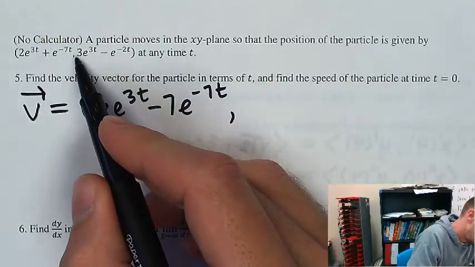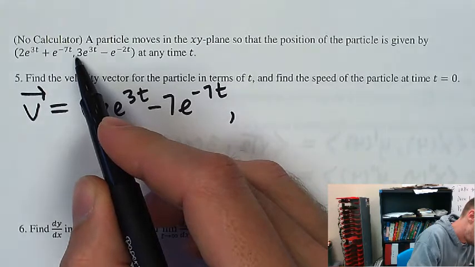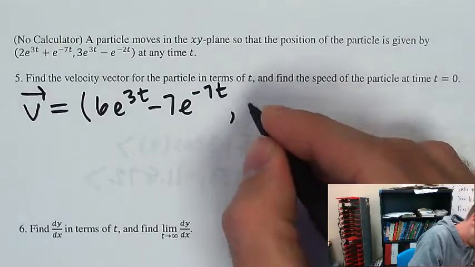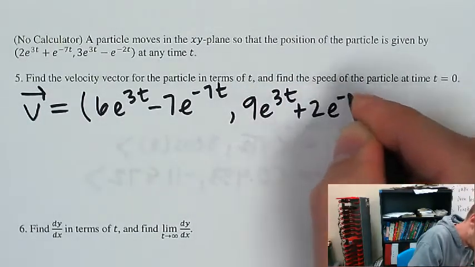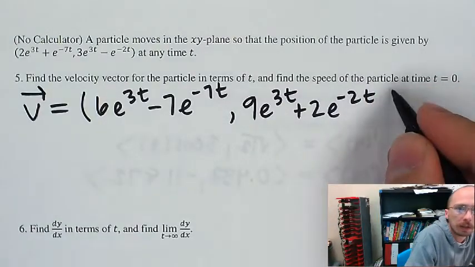And I don't know why I was having trouble taking the derivative of that. That's 9e to the 3t plus 2e to the negative 2t.